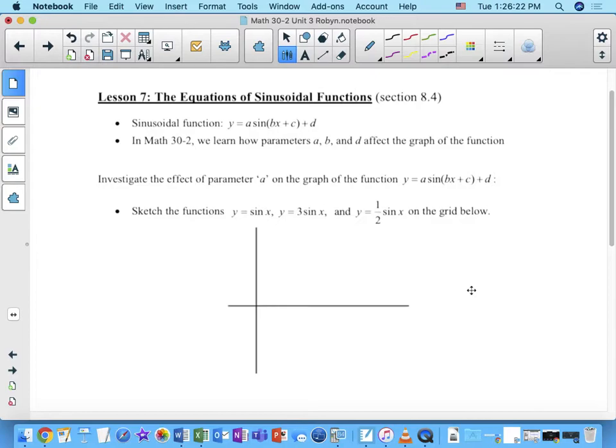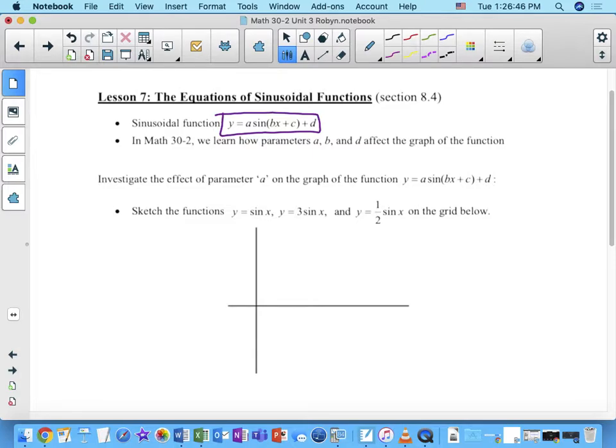Okay? Now, I spoke about this briefly yesterday, but this is the form of a sinusoidal function. There are 4 parameters. Okay? A, B, C, and D. And basically, what these parameters are going to do is move the graph up and down.